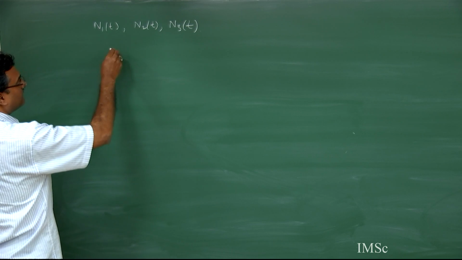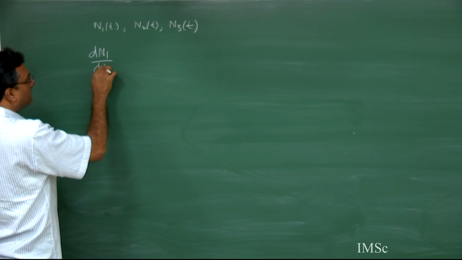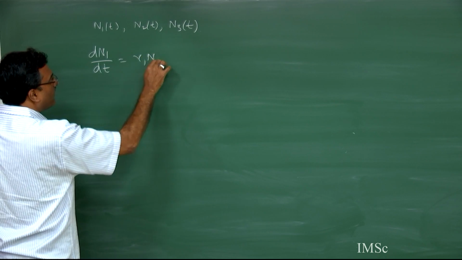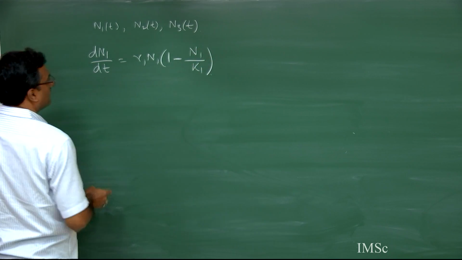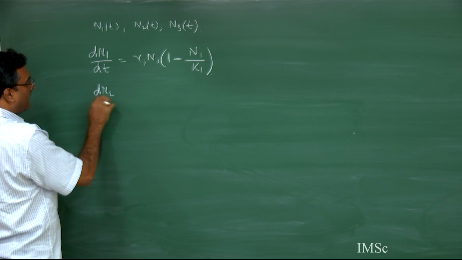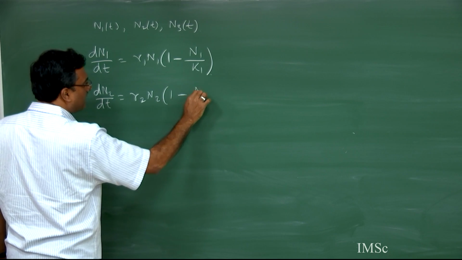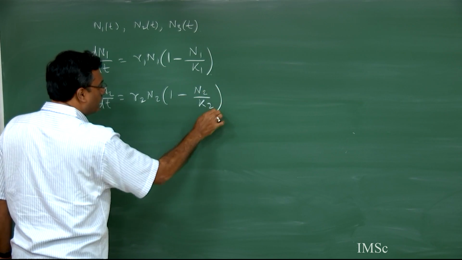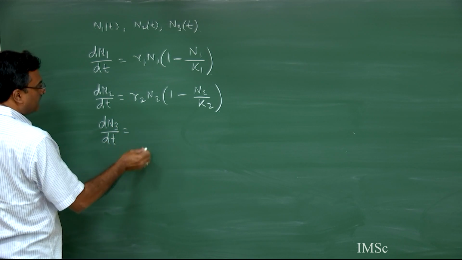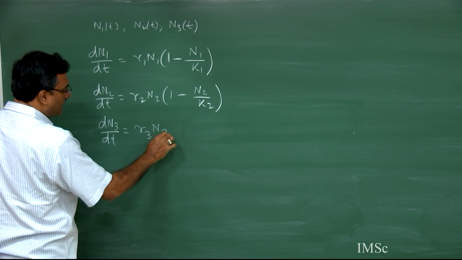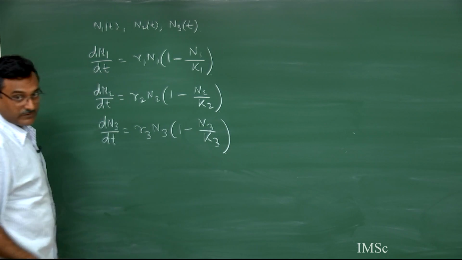The idea is that independently their growth rates are defined by dN1/dt equal to r1 N1 times (1 minus N1/K1), then dN2/dt equal to r2 N2 times (1 minus N2/K2), and dN3/dt equal to r3 N3 times (1 minus N3/K3).